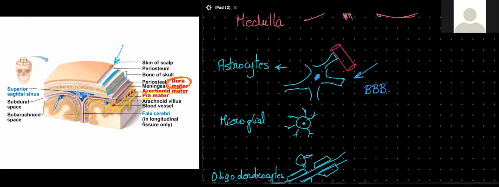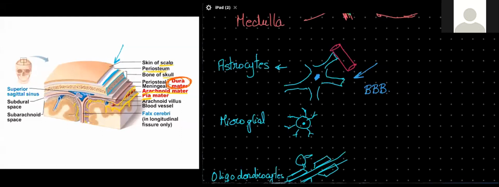So again, what are the layers from outside in? You've got first scalp, then you've got the periosteum. Below the periosteum, you've got the bone of the skull, the cranial bone.